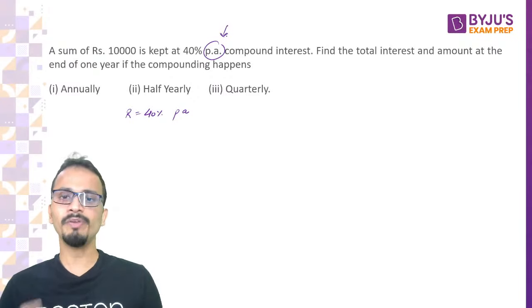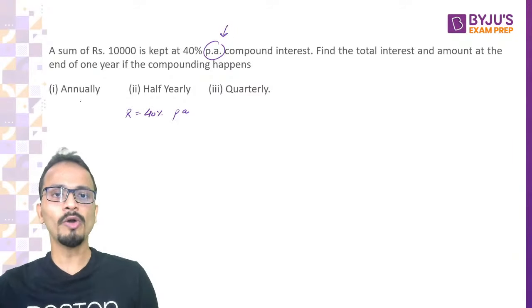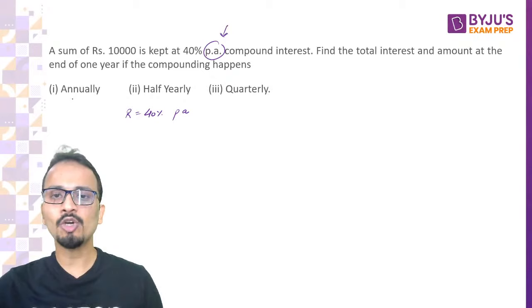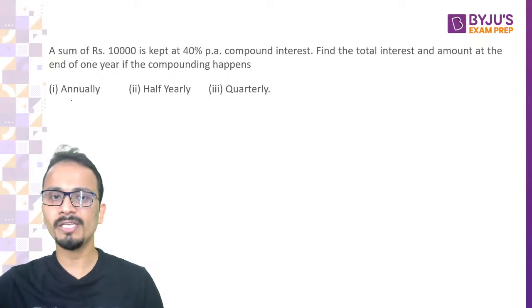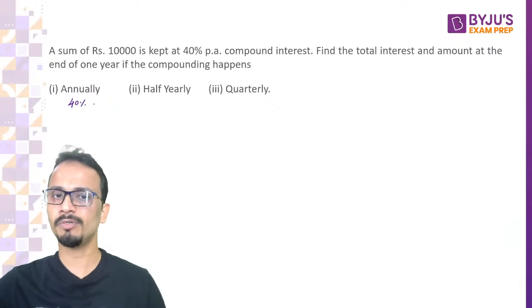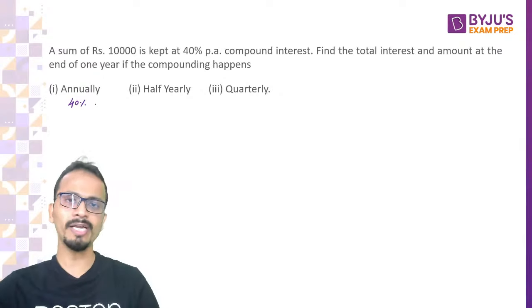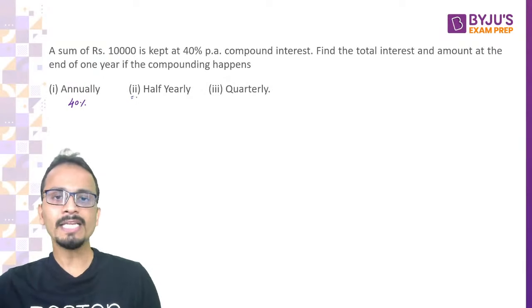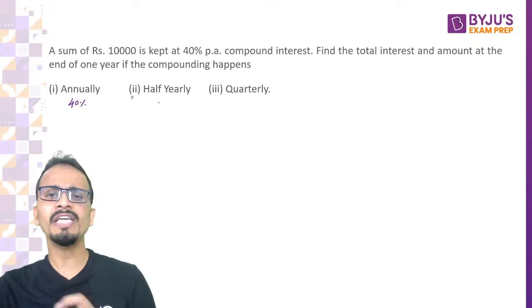So rate of interest will be 40%, but for the entire duration of 1 year. So if I am calculating things annually, I will require the interest for the entire year. So in this case, rate of interest will be considered as 40% for one entire year. Now, if I look at the second case, in which calculations are happening after every half year.